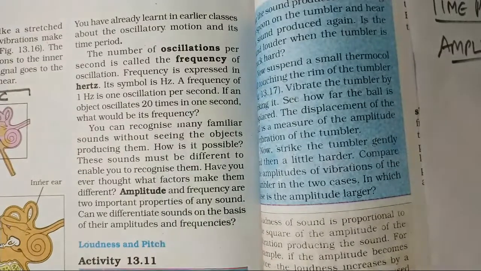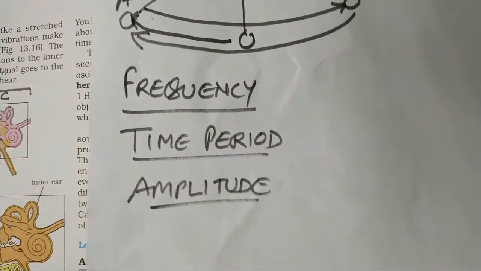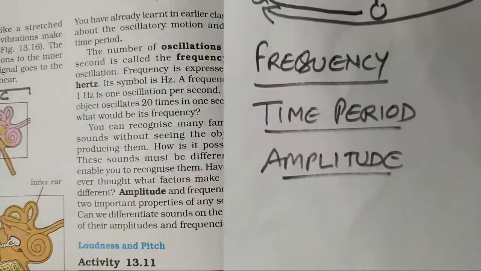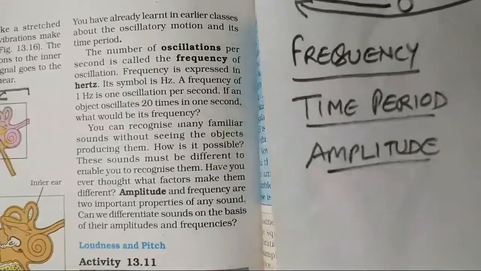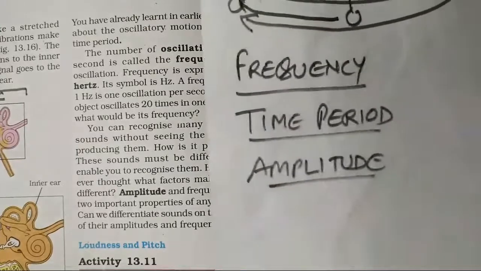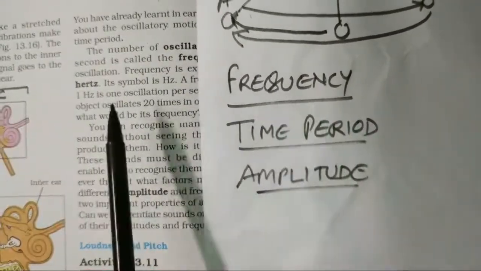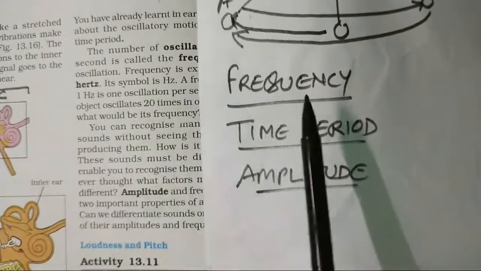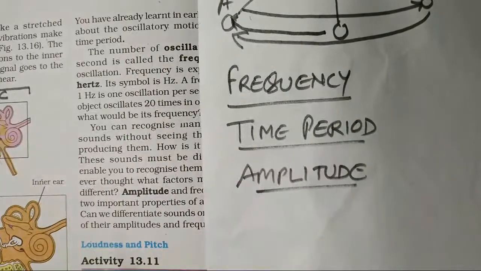Okay. Then next, we read frequency, the time period, and the amplitude. Frequency we have understood. Time period is how much time it has taken. If an object is vibrating 20 times, the time taken is called the time period.